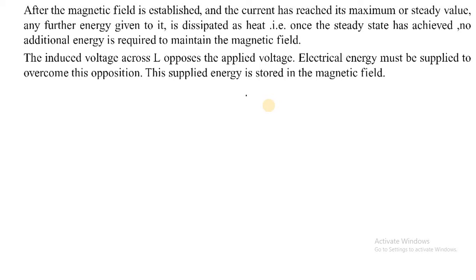Whenever we want to change the current, L doesn't allow sudden change in current because of the existence of Lenz law. So to overcome that opposition offered by Lenz law, we want to give extra energy to the circuit. So we will supply that energy from the battery. So this supplied energy which is used to overcome that opposition is stored in terms of magnetic field.